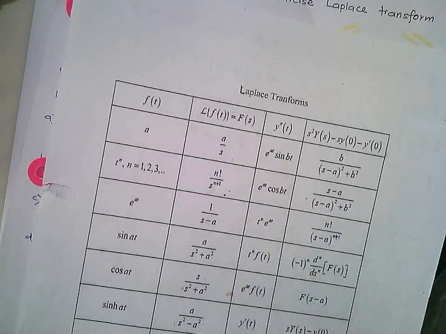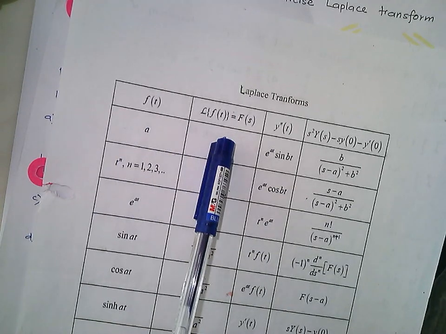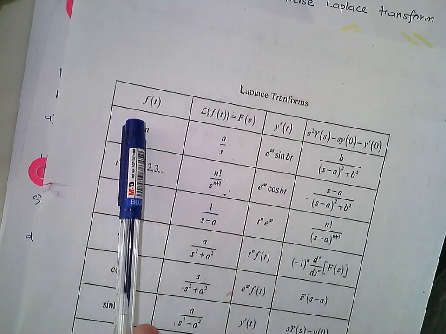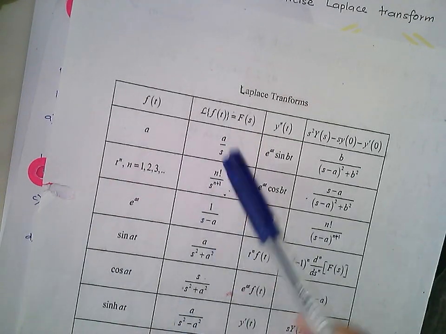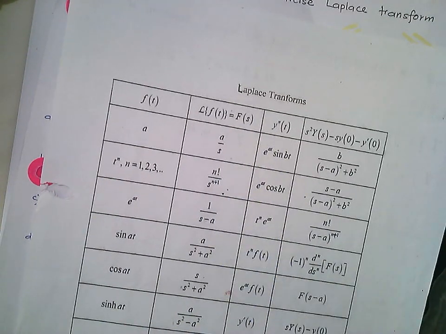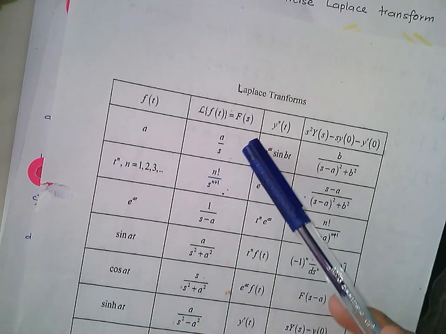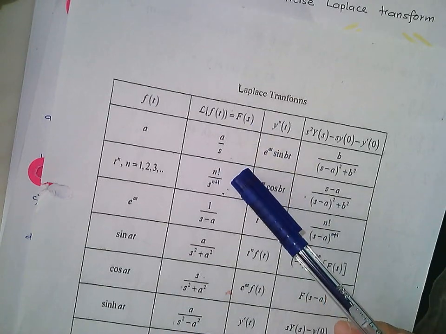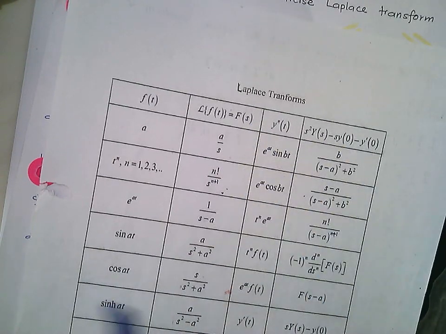Before this, from f(t) to F(s), so now reverse, from F(s) to f(t). Okay, so you have to identify whether the given function is in this form or this form.